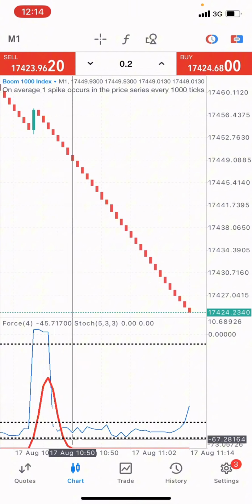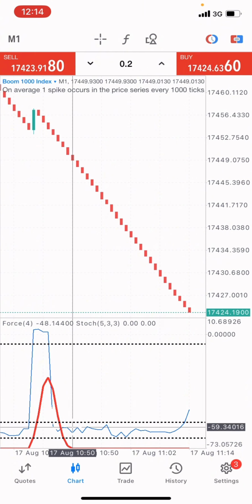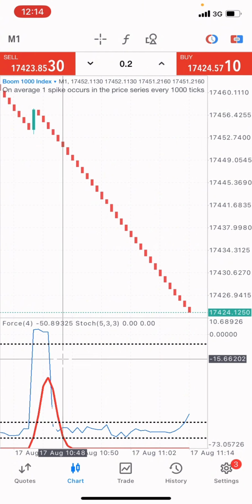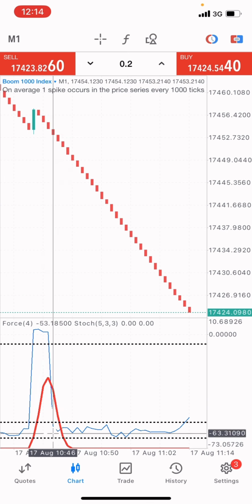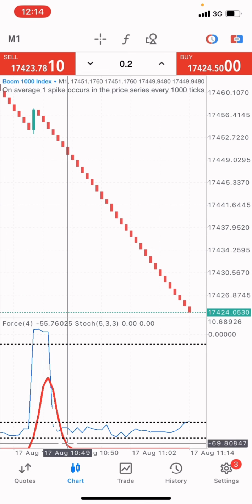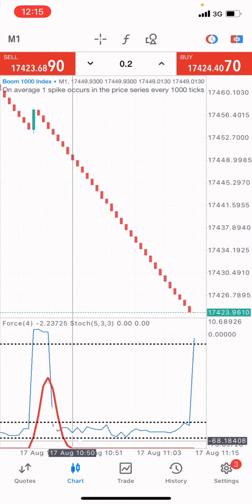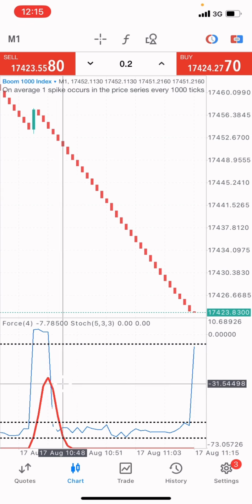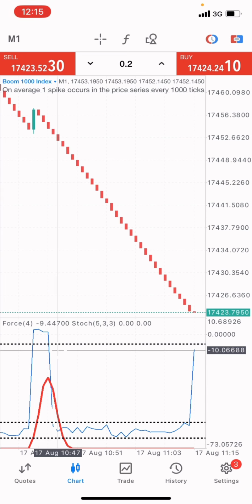Then once there's a crossing again between the red and the blue line, which is the Forex index and the stochastic oscillator, crossing below this level of 8, you exit the market, because the market would spike. The spike won't come immediately, but you'll be expecting the spikes because the price is outside the safe zone.